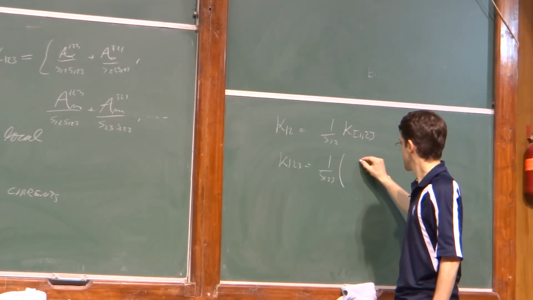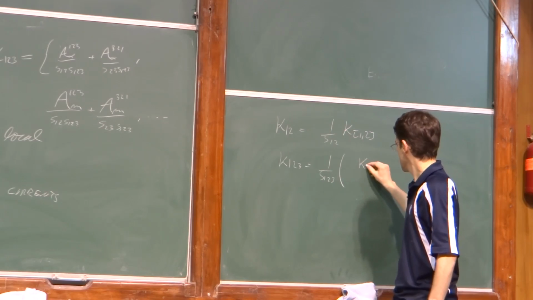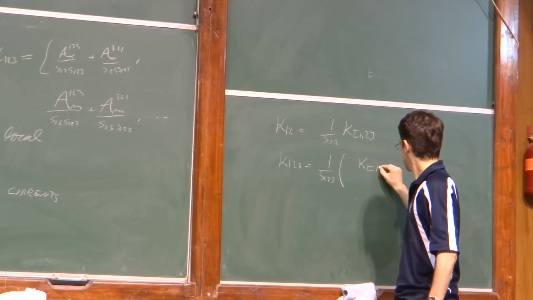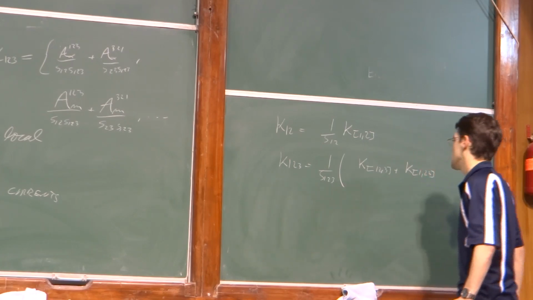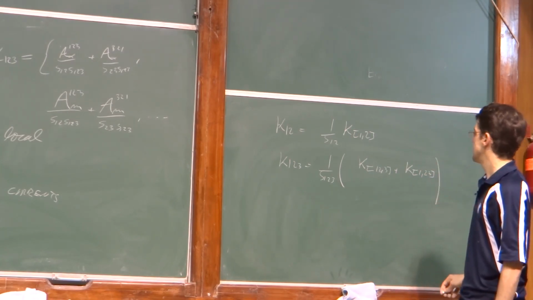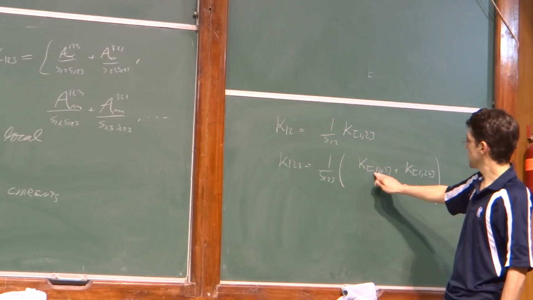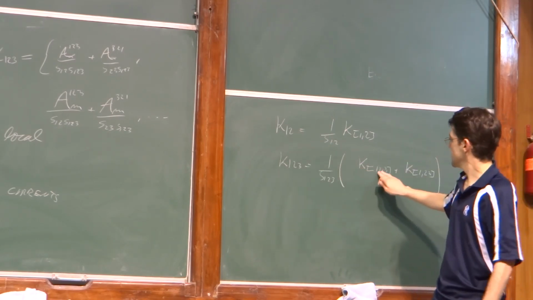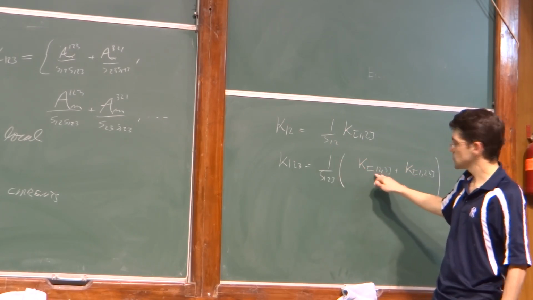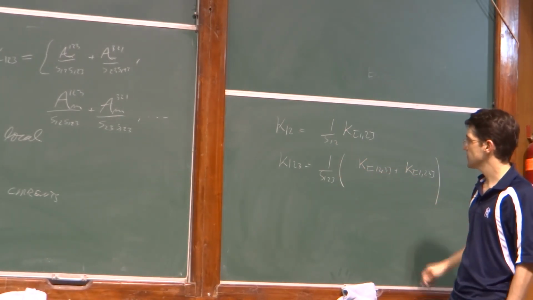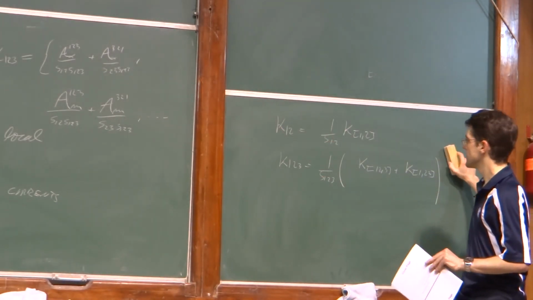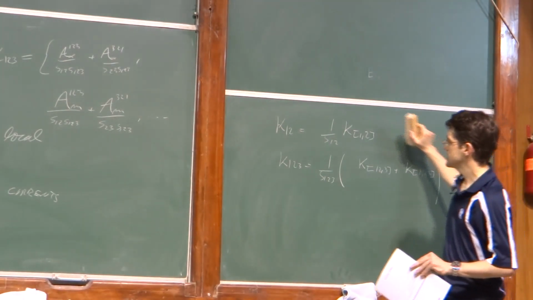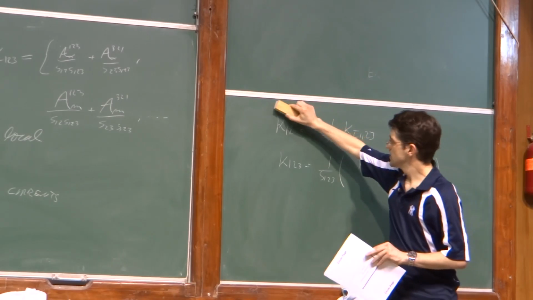So it's K1,2,3 plus K1,2,3. And now you plug this guy here, and then you see that you get the two terms that I wrote before from the binary tree. So the definition is actually the same as the binary tree.